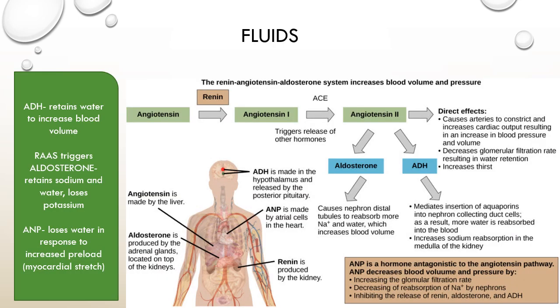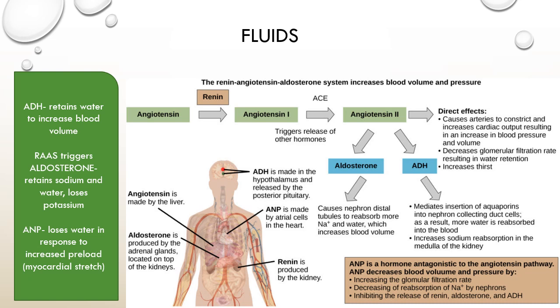Great infographic about the RAS system, something that I think nurses and medical providers in general should be comfortable with and familiar with in terms of ADH, which is the antidiuretic hormone that tells the kidneys to retain water to increase blood volume.